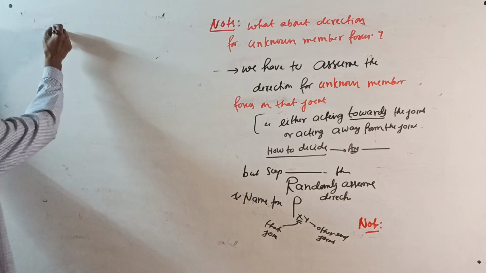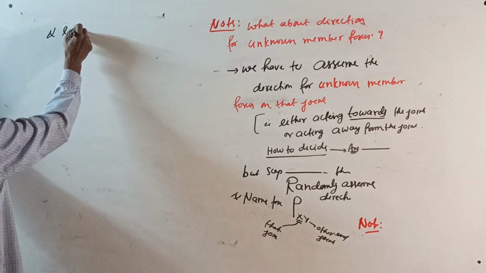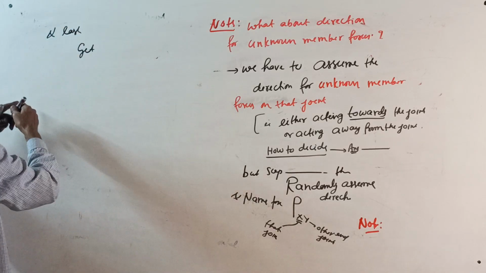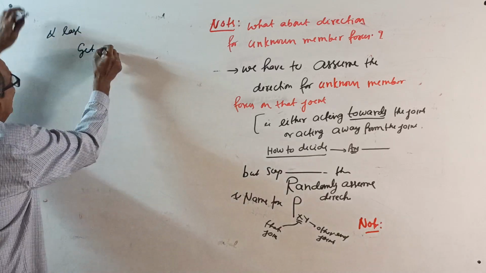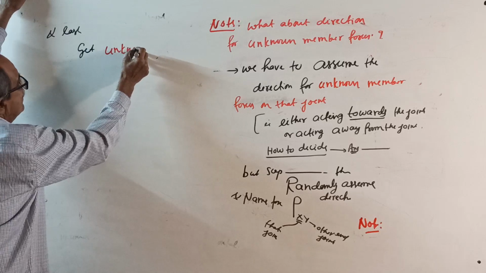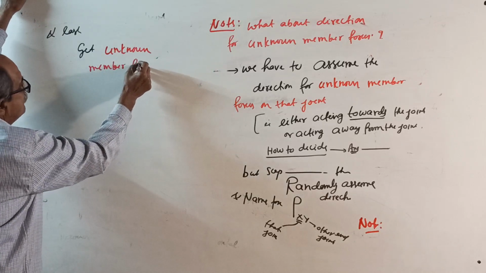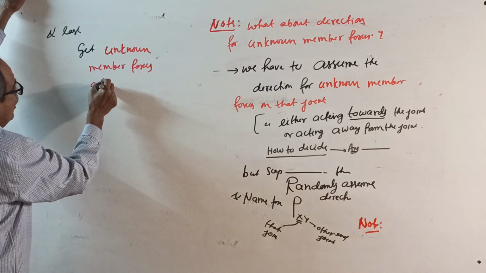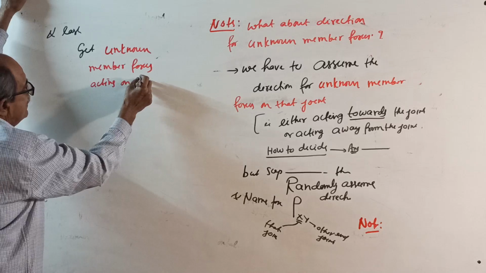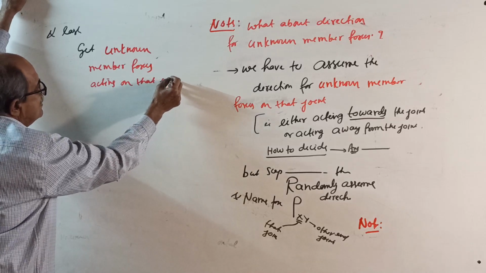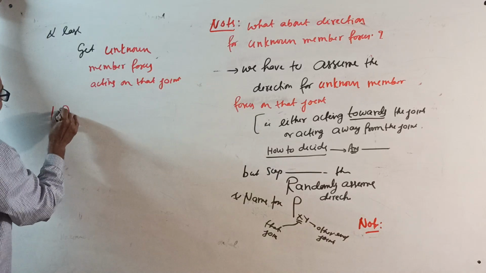And lastly, get the unknown member forces acting on that joint with sign.